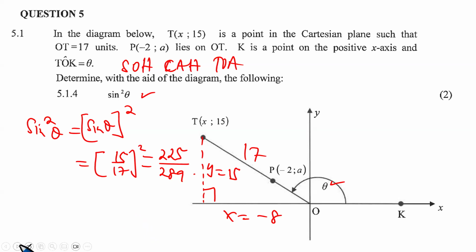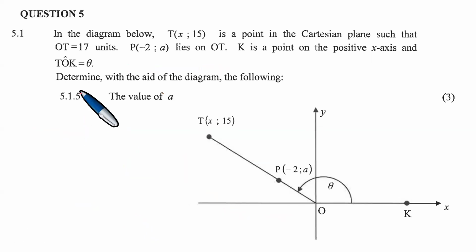Now, in 5.1.5, you have the tangent of the angle theta. We want to find the value of A. And the question is, how can we find the value of A?